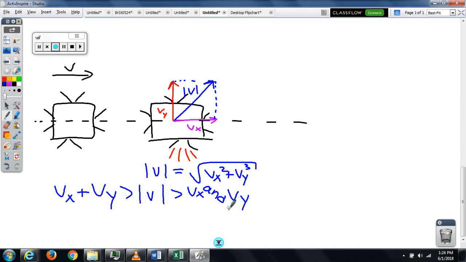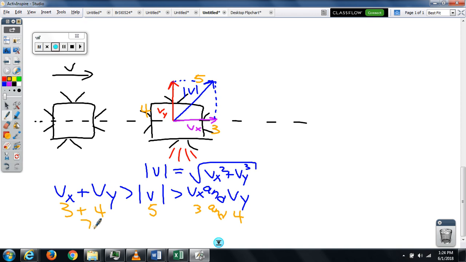So if you need a numerical example, let's take the case that we have a 3, 4, 5 triangle. This is 3, this is 4, so this must be 5. 5 is greater than either 3 or 4, so it's greater than 3 and 4, but it's less than 3 plus 4, which is 7.